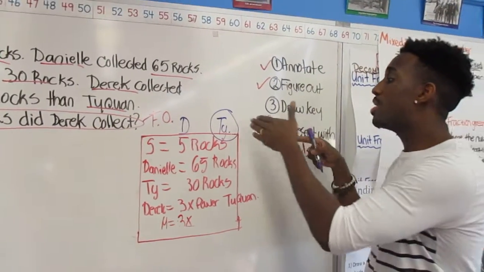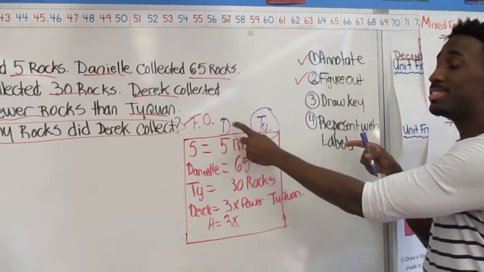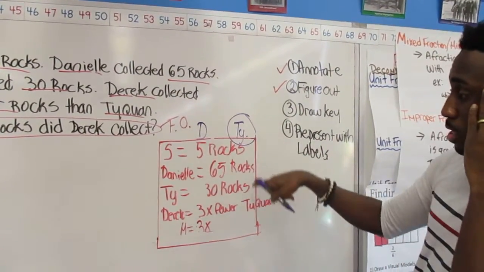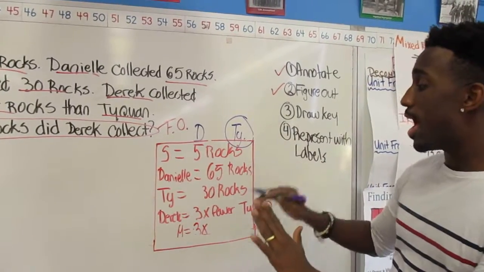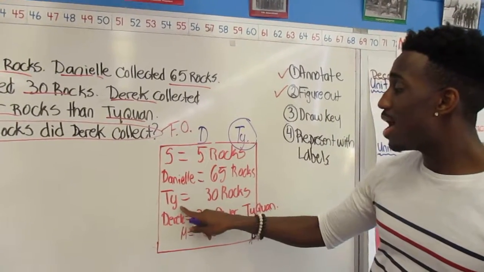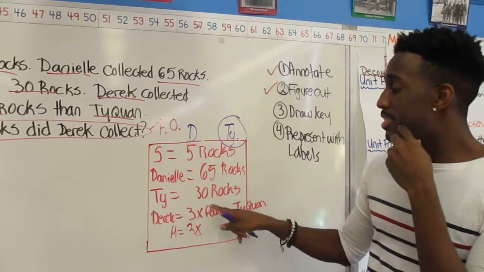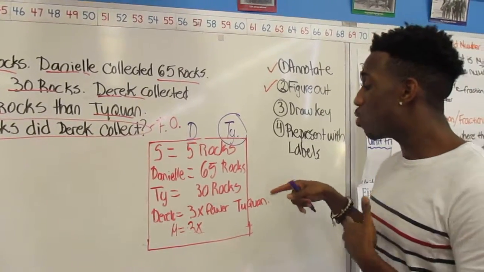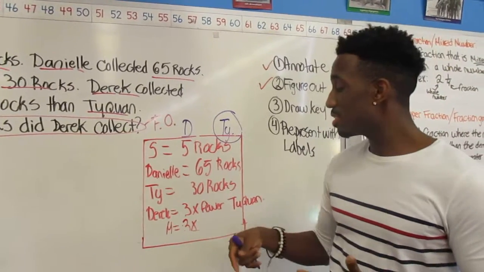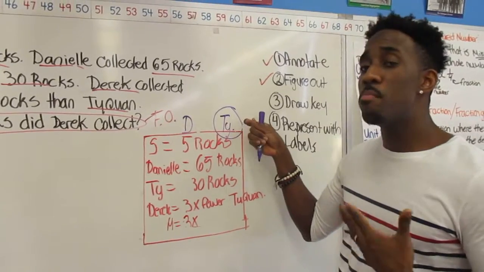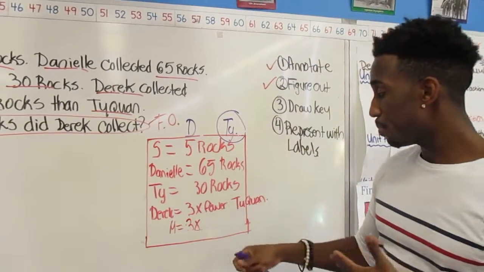So since Taekwon is greater, that means that Derek has to be less. So let me look back at my key to figure out what Taekwon had. I see Taekwon had 30 rocks. So as we said, since Derek had 3 times fewer than Taekwon, that means Taekwon must have had 3 times more.